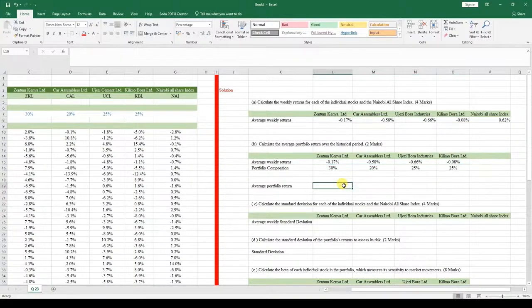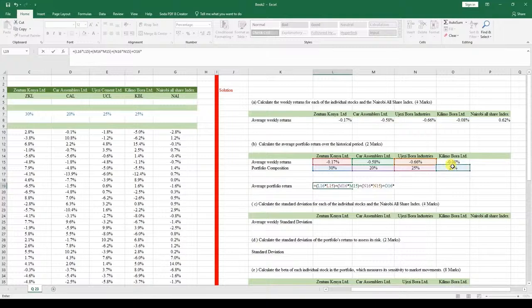How do we get the average portfolio return? Pick plus, we open the brackets, that value times the average weekly return plus that value times that value, close the bracket. The portfolio composition multiplied by the average weekly return, close the bracket, and then we add finally the portfolio composition for Kilimo Bora, and we multiply that with the average weekly returns, like that.